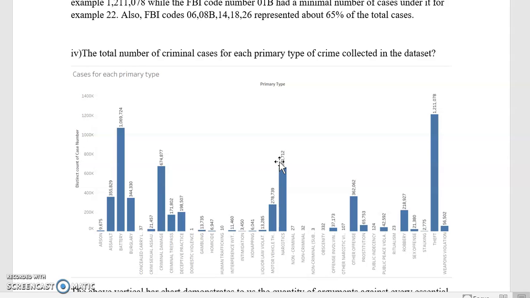The fourth question is the total number of criminal cases for each primary type of crime collected in the dataset.